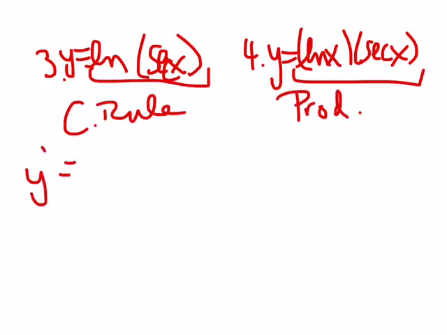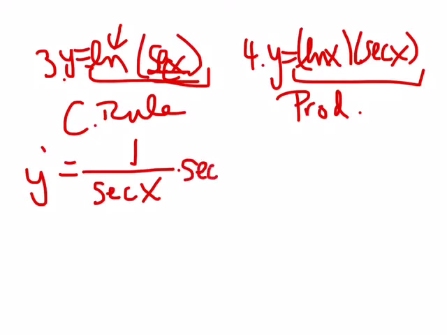So the derivative here, I do the outside derivative. So natural log, that's 1 over, then I keep, it's normally x, but it's not x this time, it's secant x. So it's 1 over, then I put in what my u is, secant x, times u prime, so the derivative of the inside, u prime or g prime, secant x tangent x.